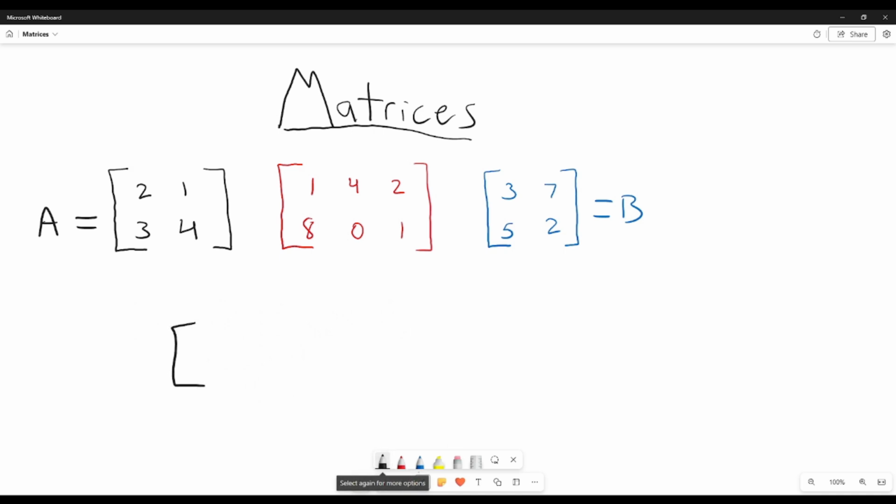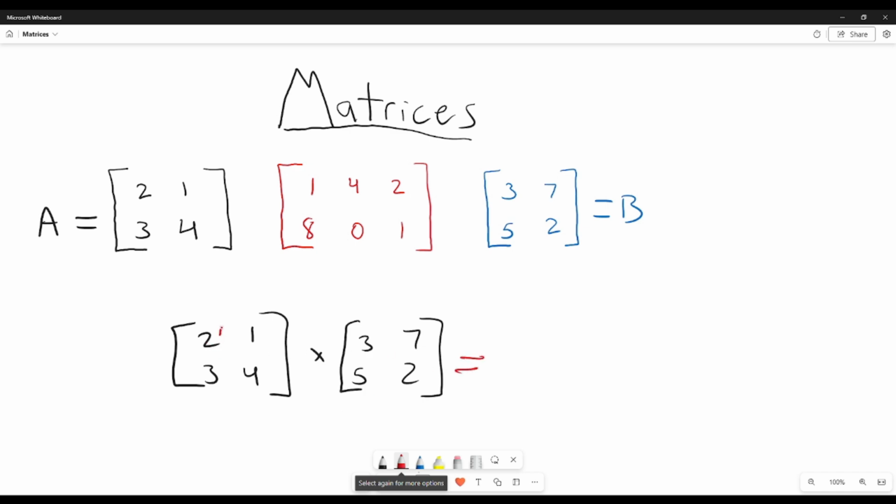When you do multiply matrices, let's take A and B for example. When you multiply these two matrices, you multiply each element in a row by the corresponding element in the other matrix's column, and then you add these values together.